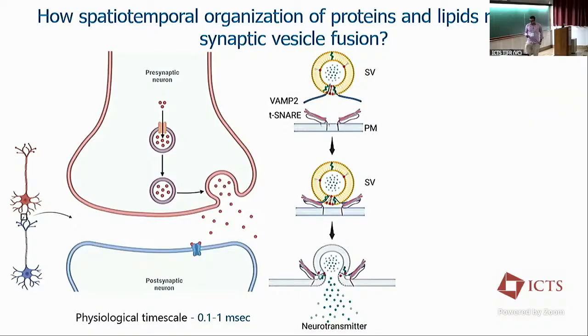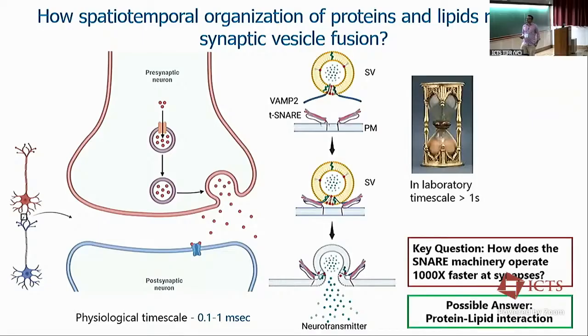Now, the important question in the field is that if you purify these proteins and set up a fusion assay in a test tube on a laboratory timescale, it actually takes more than seconds. But in physiology, the fusion happens within a millisecond timescale.